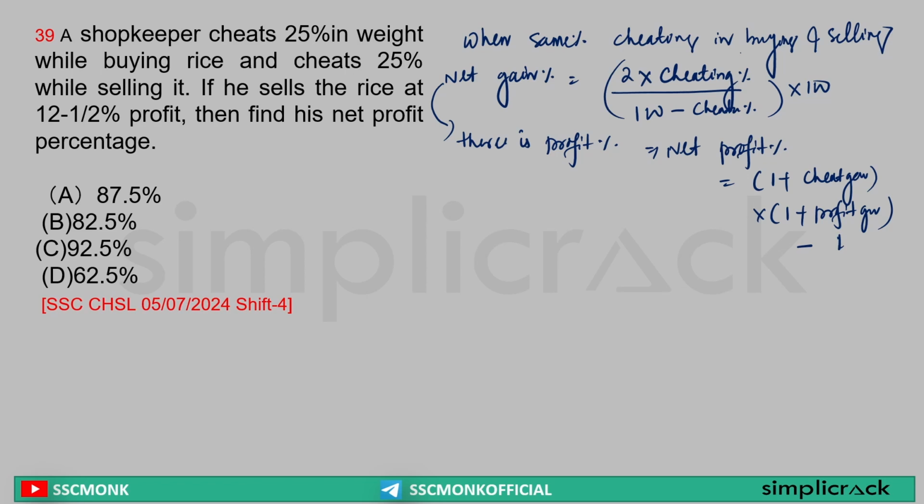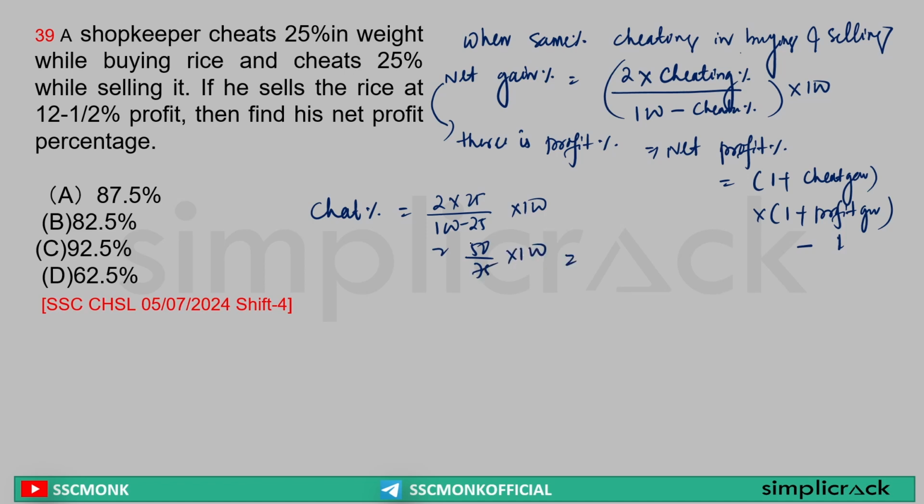What is happening? A shopkeeper cheats 25% in weight while buying rice and cheats 25% in sales. So cheat percentage gain is equal to what? 2 into 25 divided by 100 minus 25 into 100%. That is equal to 50 by 75 into 100.